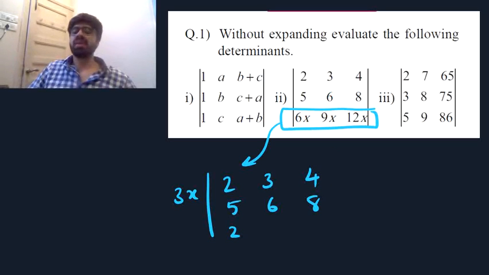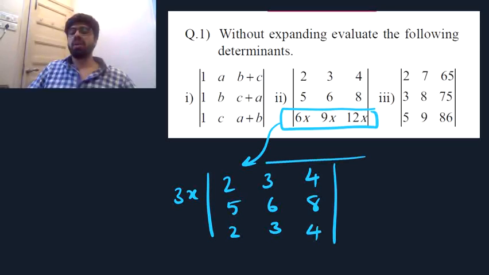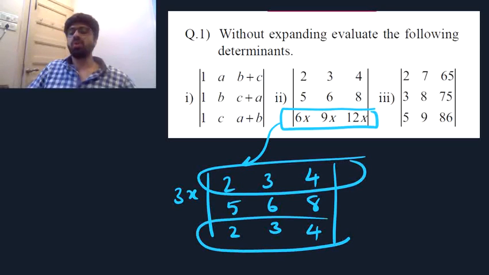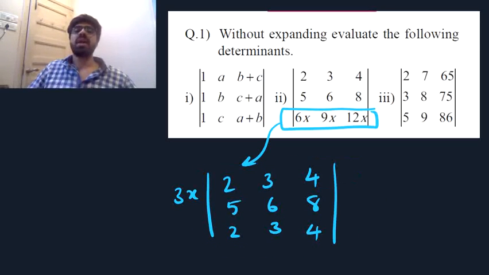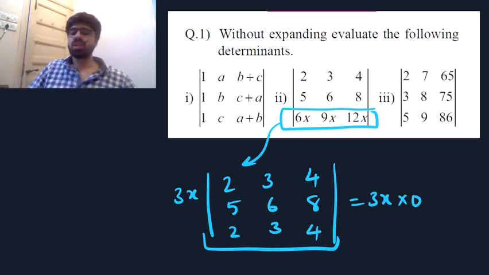So when you're pulling out a 3x common, 9x will become 3, and from 12x, when you pull out a 3x common, this will become 4. Now first row and third row in this determinant are identical, and that is why the value for this determinant will be 0. So we have 3x into 0, which is equal to 0, and that 0 is the final value for the second determinant.